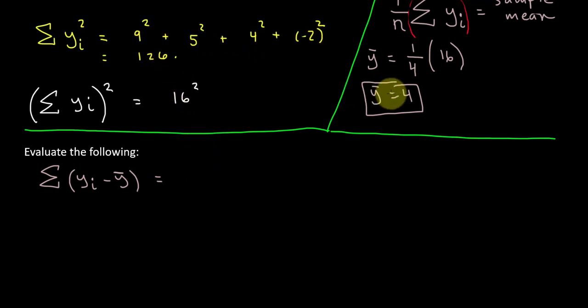We've got the mean also right there. So the way this is going to look is 9 minus the mean of 4 plus 5 minus the mean of 4 plus 4 minus the mean of 4. That's cool. Plus negative 2 minus 4.